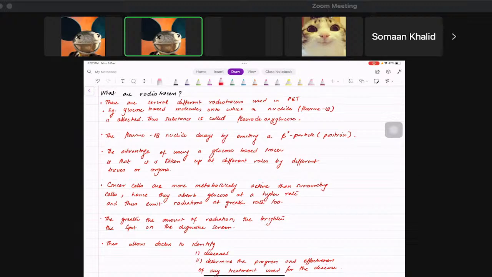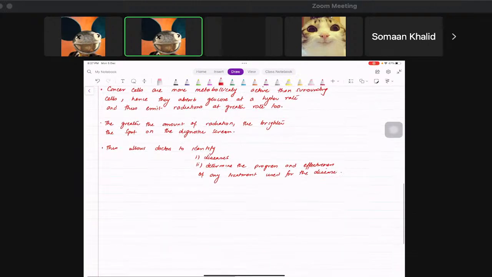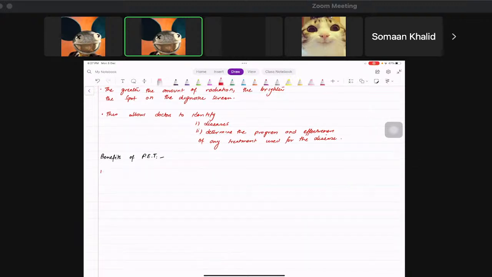Now, usually we can also write the benefits of PET then. So number one, it is a diagnostic tool for detection of cancers.